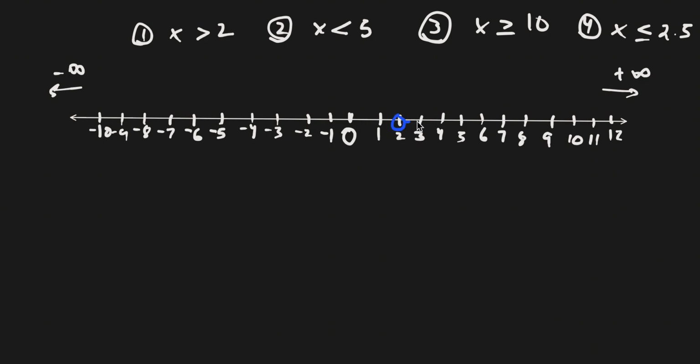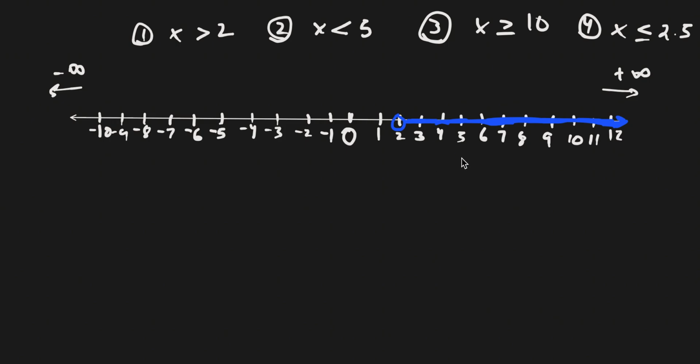And then we would draw a line on this side going up forever. Okay, just like that. Some people like to shade it all the way in to the end of the number line, just like this. This is also something you can do, same thing. Basically implying that x values that are all greater than 2, so all greater than this point here, but not including this point, is what we are trying to focus on.